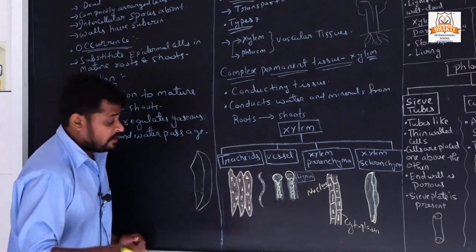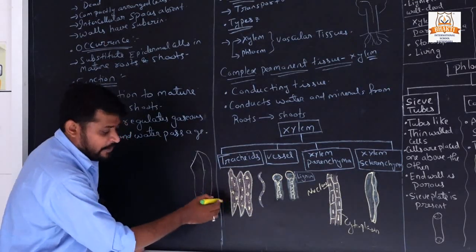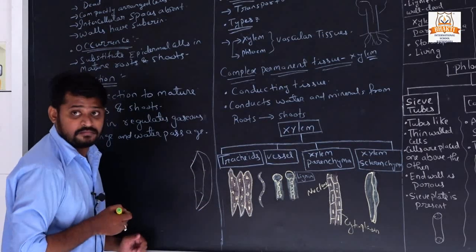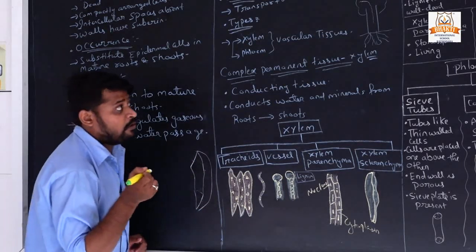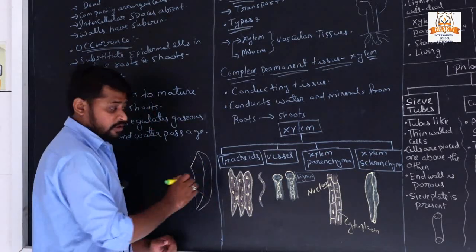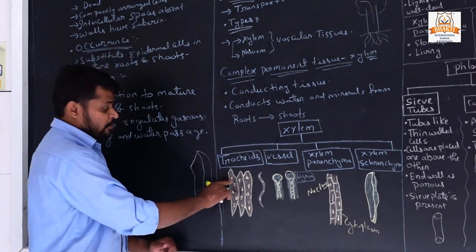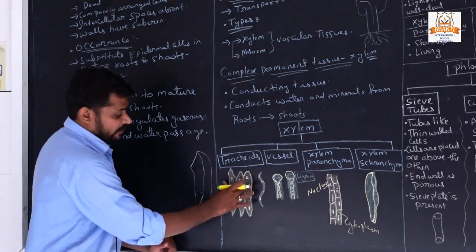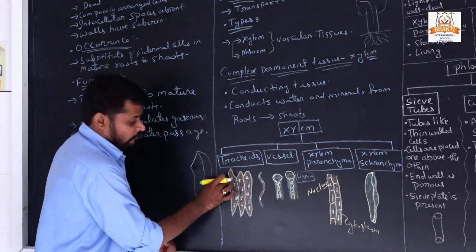And the next point, conduct water through pits. What are pits? These dots are called pits. A pit is a small pore, meaning small holes. They conduct water from one pit to another pit, because the cells are attached side by side.